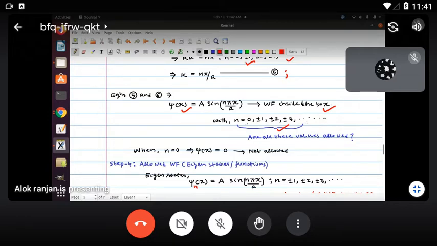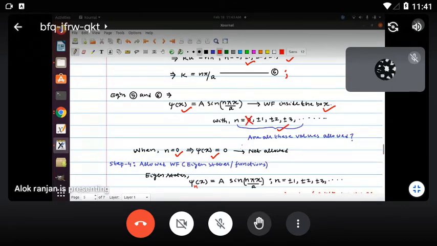For example, when you put n equal to 0, irrespective of any position, psi x equal to 0. Again, it's a trivial solution. So psi x equal to 0 means the particle is not inside the box. Hence, we should not consider n equal to 0. So n equal to 0 is not allowed.